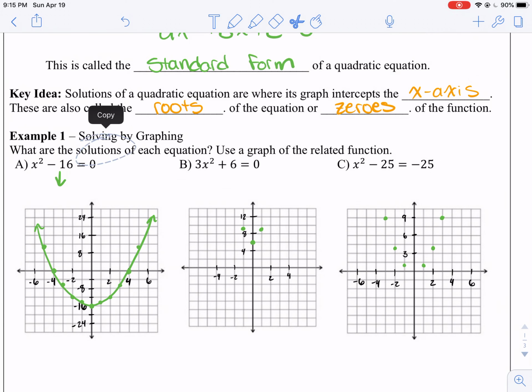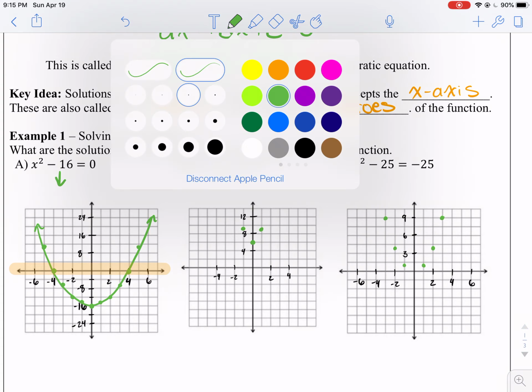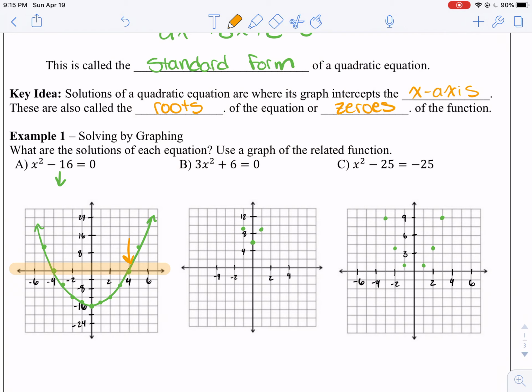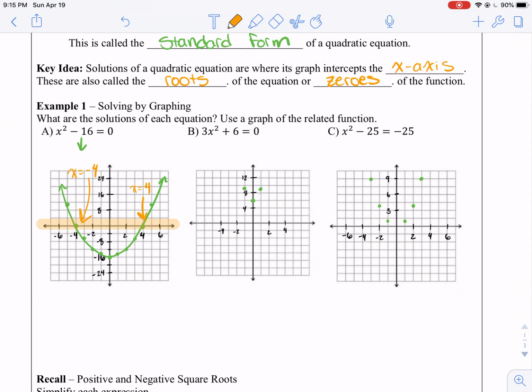Now, like we said, we want to find solutions of this equation, of this graph, and that's going to be where the graph intersects the x-axis. Our x-axis is right here. So our roots are going to be right here at x equals 4 and right here at x equals negative 4. So we can say x equals negative 4 and x equals 4.